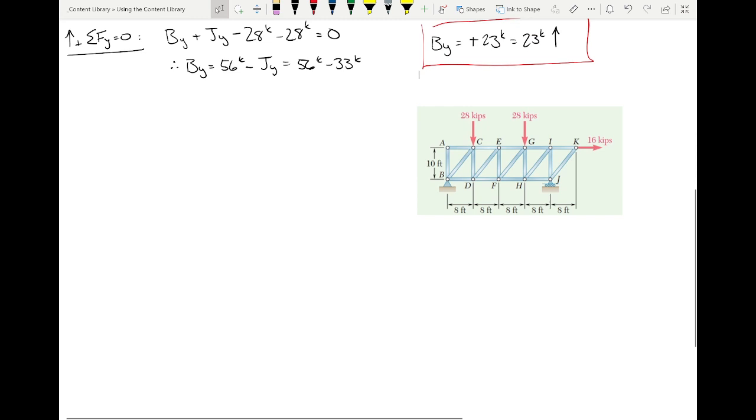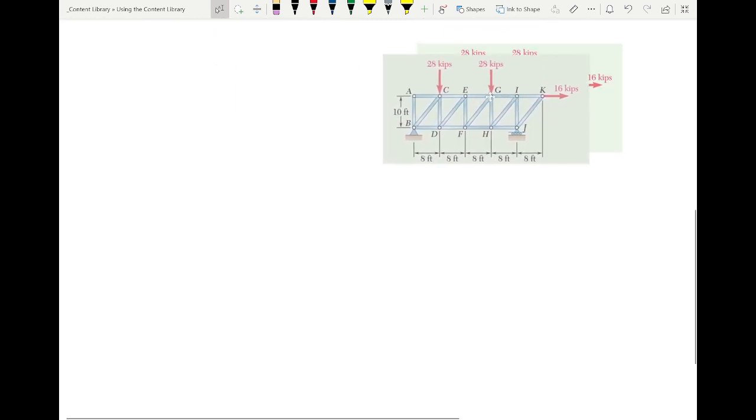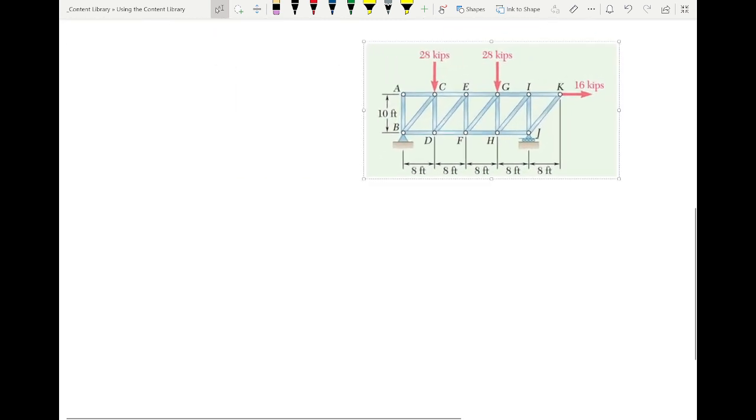Okay. All right. So here's the structure, okay? And let's write down my reactions so that I have these. So this is 33 kips. This is 23 kips. And this is 16 kips. Now what we're interested in, and I'll sort of use my highlighter here, we're interested in these three members. The problem said that we wanted to determine the internal axial force in these three members.